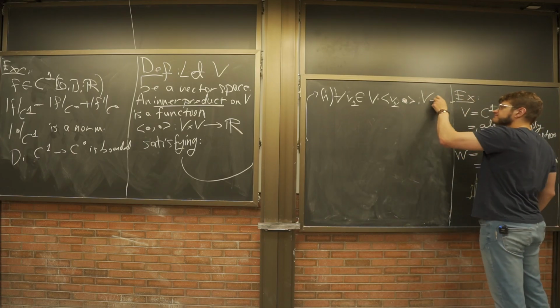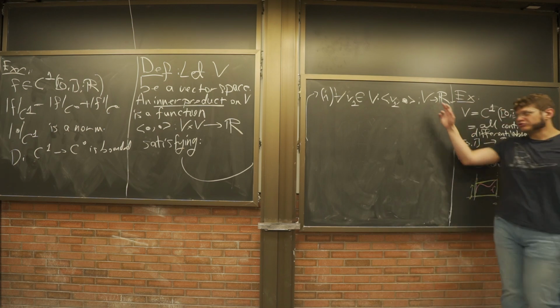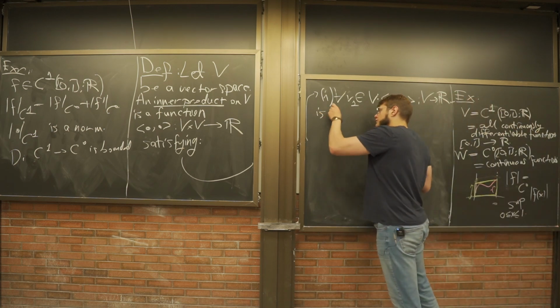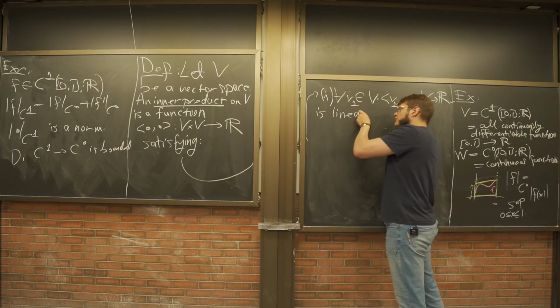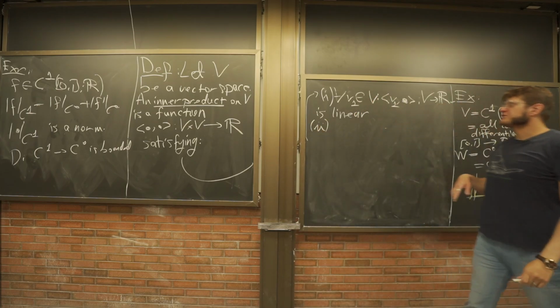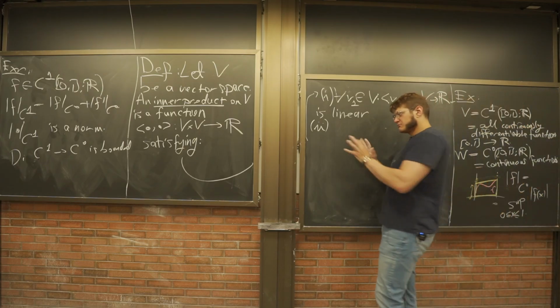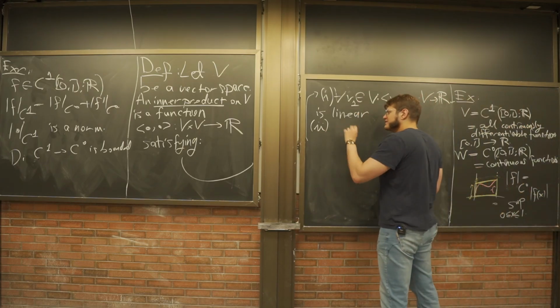Now it's a function from V to R. I want this to be linear. And likewise, if I were to fix one vector in the second input, I again want whatever is left of the function itself to be linear.